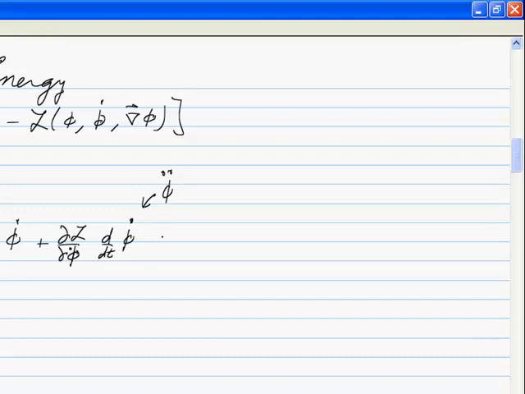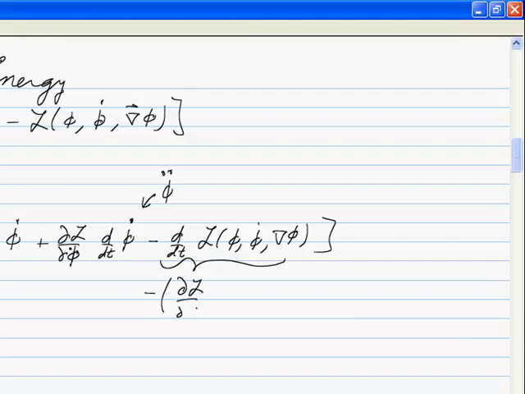Then I take the time derivative of the Lagrange density, so d by dt of L, which is a function of phi, phi dot, del phi. That minus, you use the chain rule.